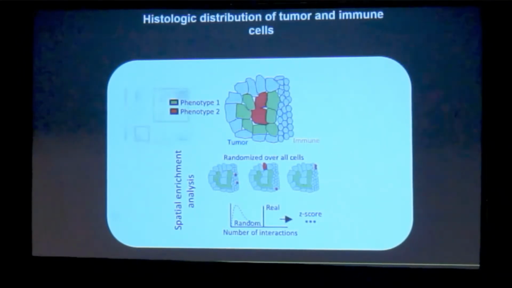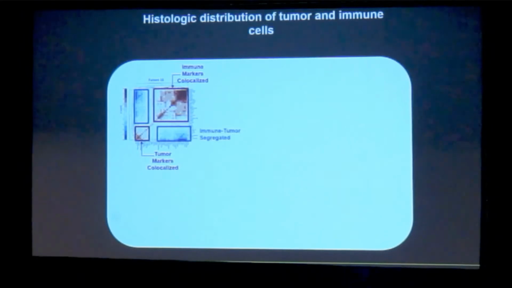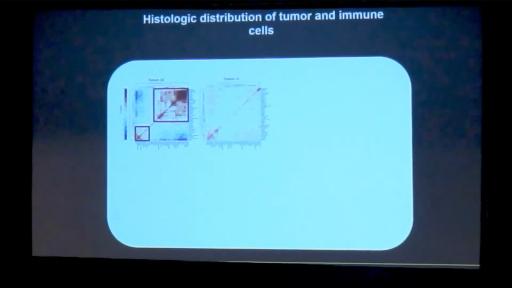So just to give you an example of that, in some patients, we see tight co-localization of immune and tumor markers, and anti-co-localization of a tumor marker with an immune marker. Whereas in others, there seems to be not really any real relationship between where tumor and immune markers are in the tissue.